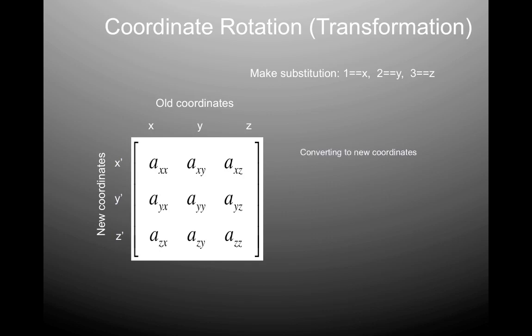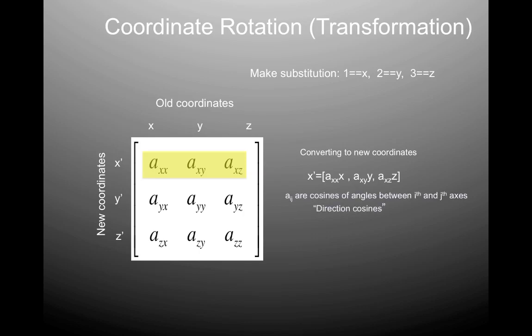Converting to new coordinates, you go across the matrix. So, for instance, the x-prime axis is equal to a_xx times the old x, a_xy times the old y, and a_xz times the old z. These a_ij are the cosines of the angles between the ith and jth axis, and we'll call those the direction cosines.